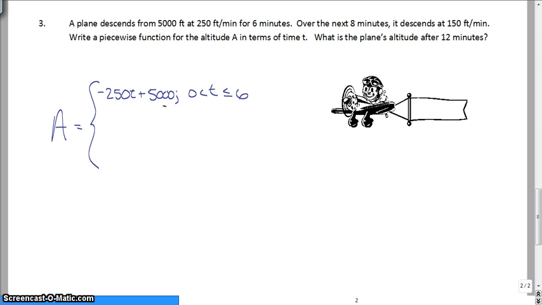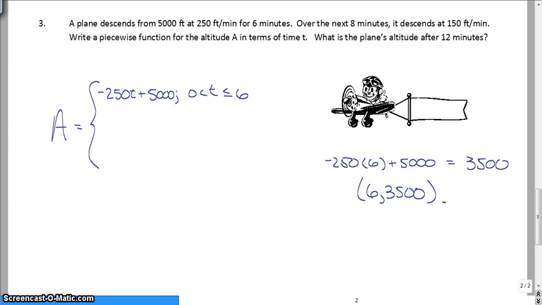Okay, not bad. So this is going to bring us to, and you need to calculate this, if you go down at 250 feet per minute for 6 minutes with an original altitude of 5,000, that's going to leave you at 3,500 feet. Now that coordinate is (6, 3,500).